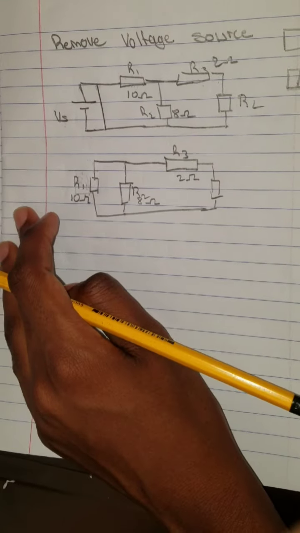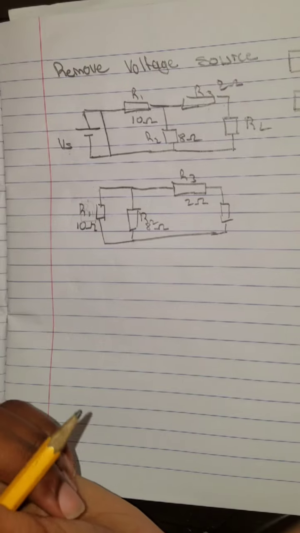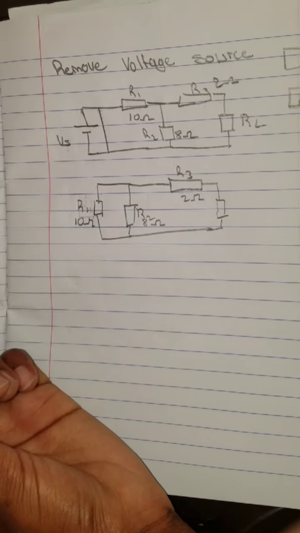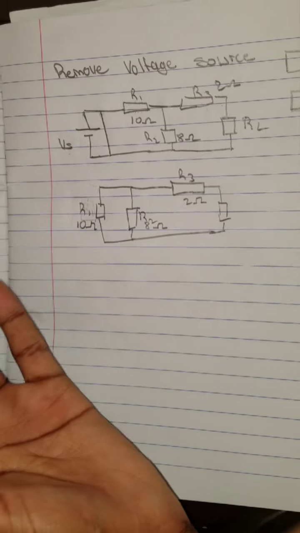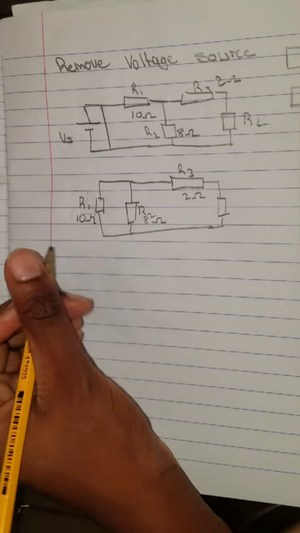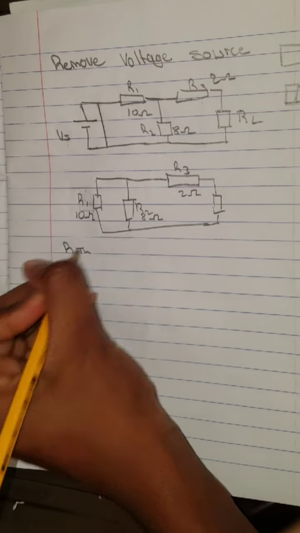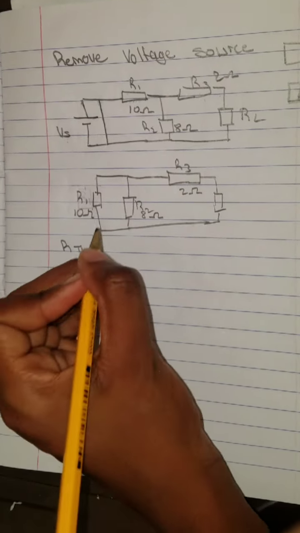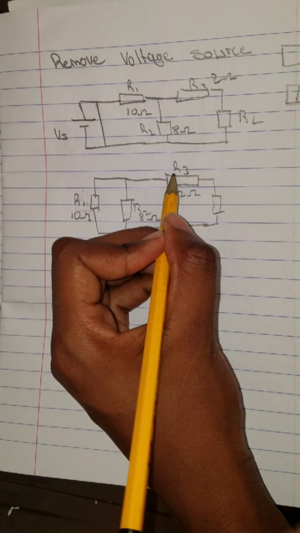Now we need our formula for the Thevenin resistance. R Thevenin is equal to this plus this plus this, but there's a rule.